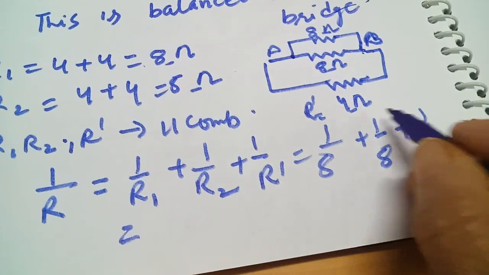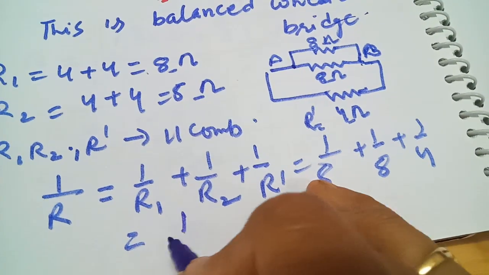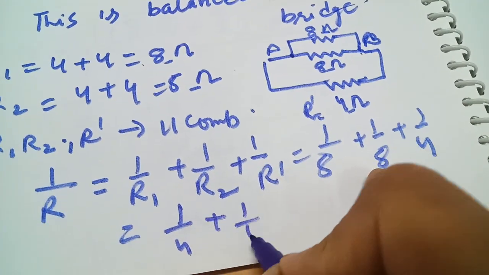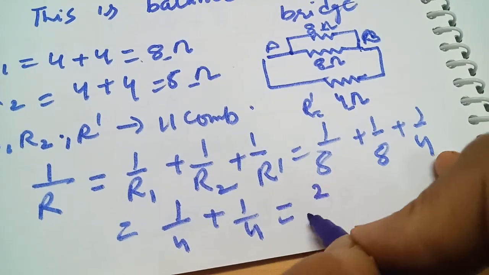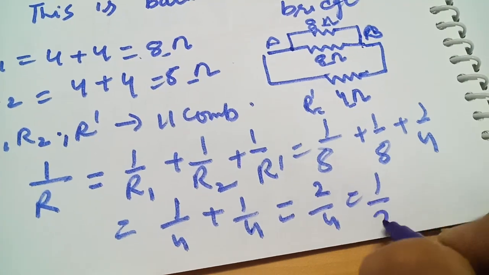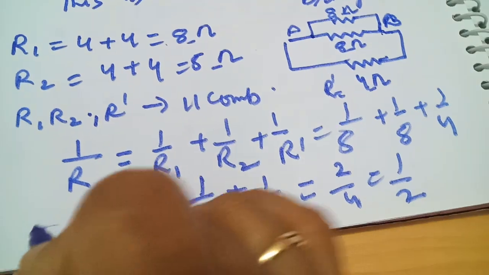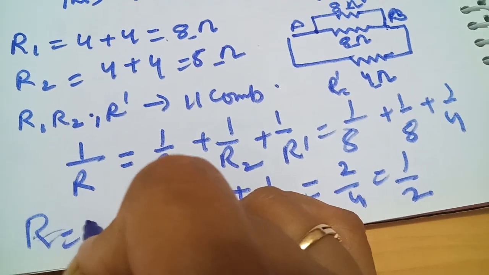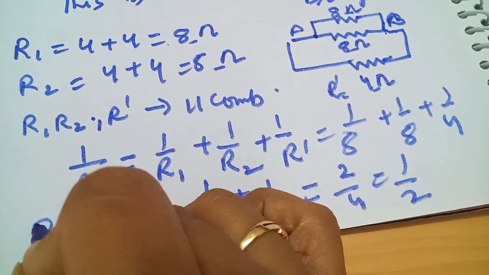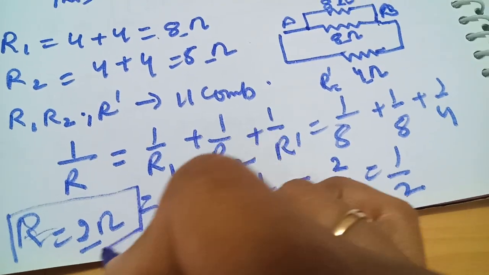When you solve this you will be getting 1 by 4, and this 1 by 4 is equal to 2 by 4, which is equal to 1 by 2. So you have got the net resistance R is equal to 2 ohm. This is the answer of this type of question.